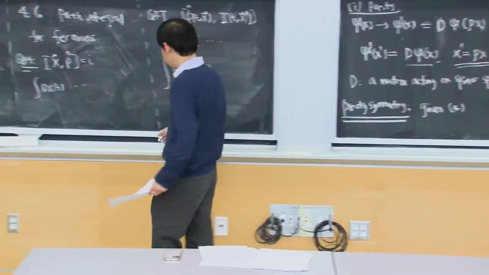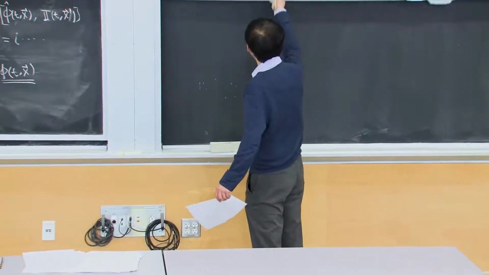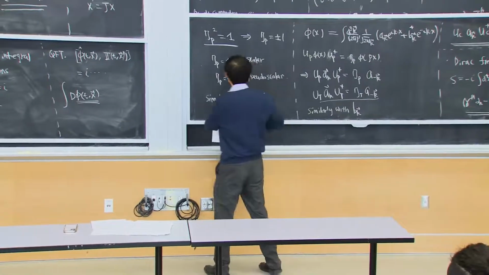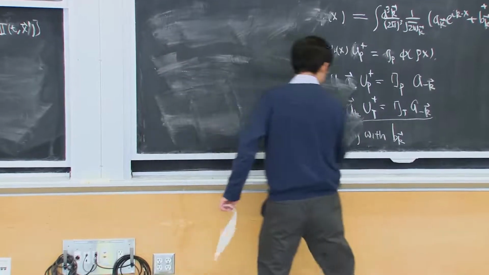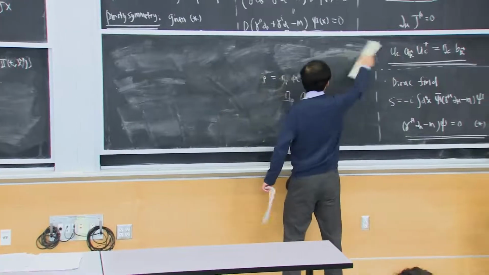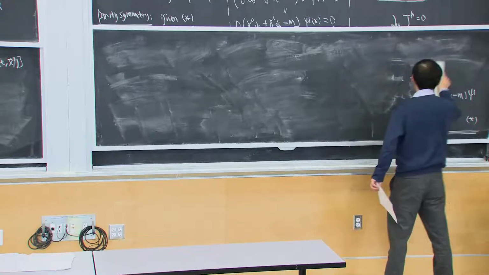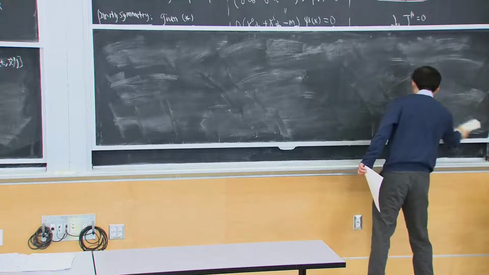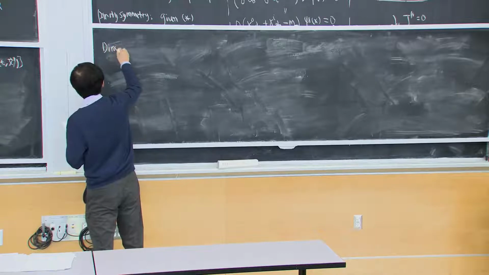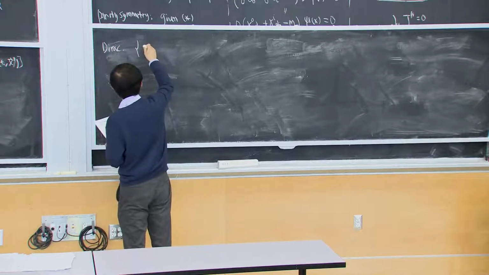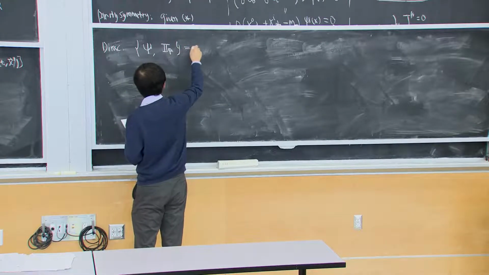that when you have a Dirac field, then you have an anti-commutation relation between psi and pi psi.